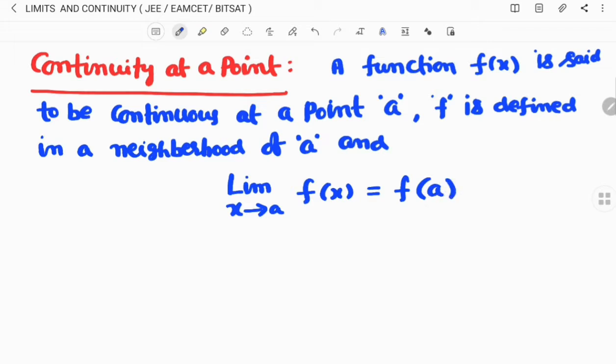So whenever limit x tends to a, f of x equals f of a, then the function is continuous.